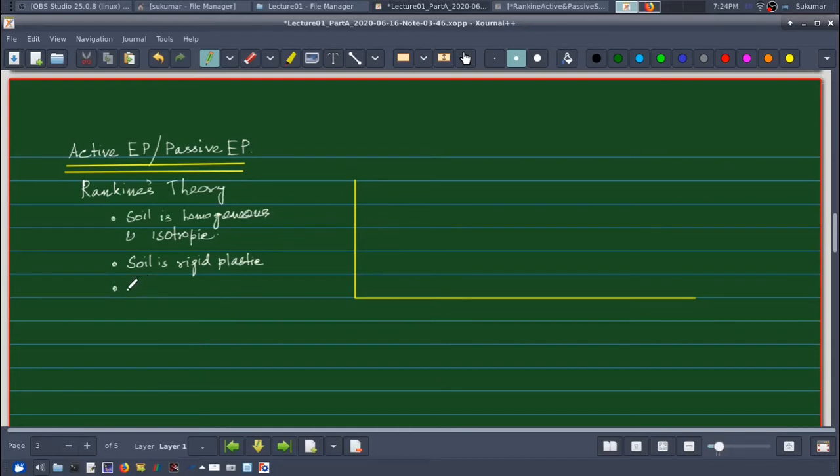Then he assumed that there is no friction between soil and wall. The soil-wall interface is frictionless.